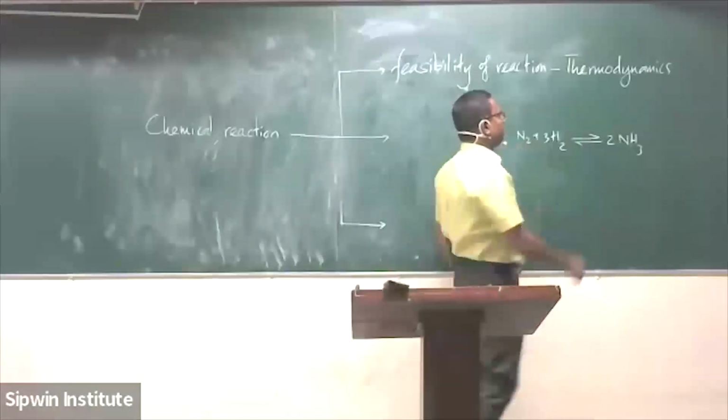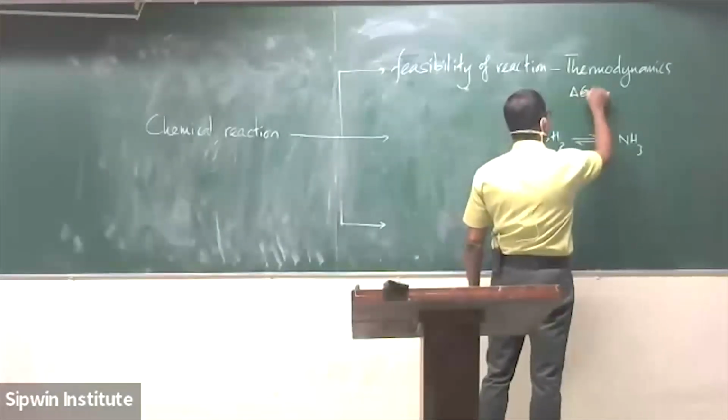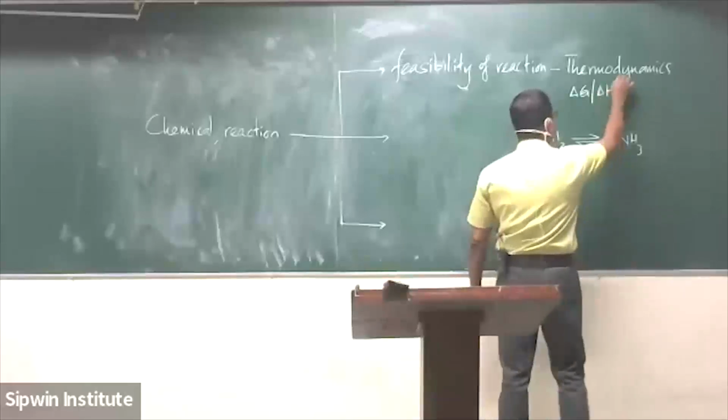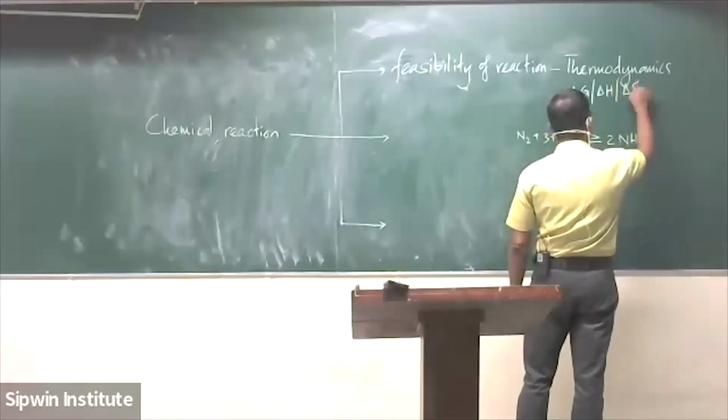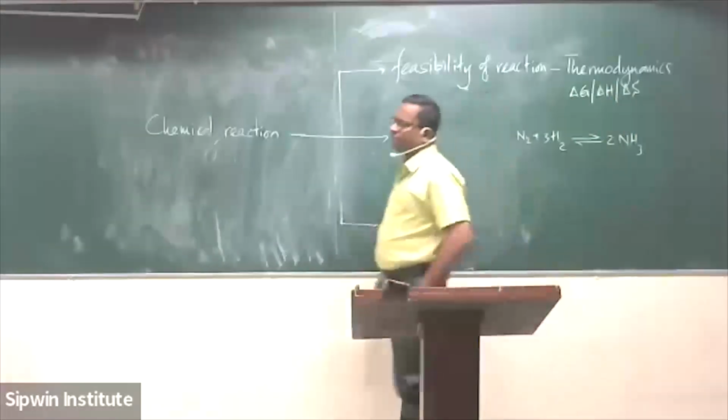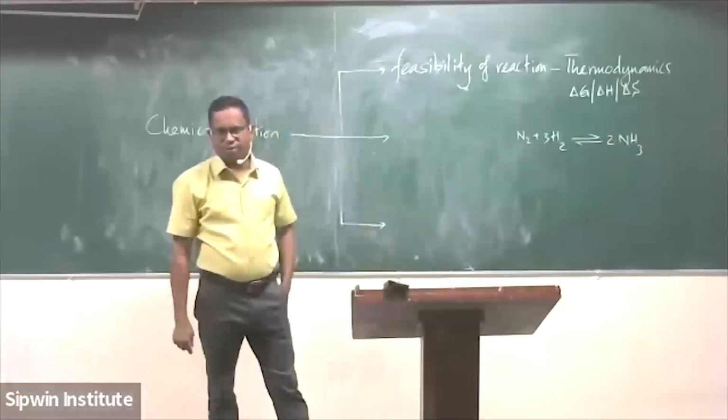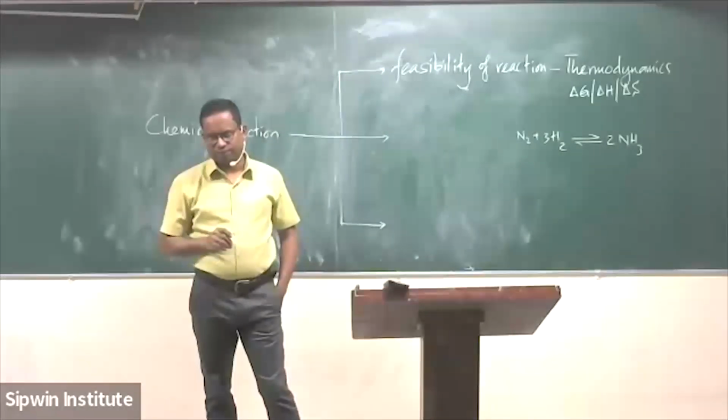Using delta G, delta H, delta S, we can have an idea about whether it is possible to happen under the given conditions.